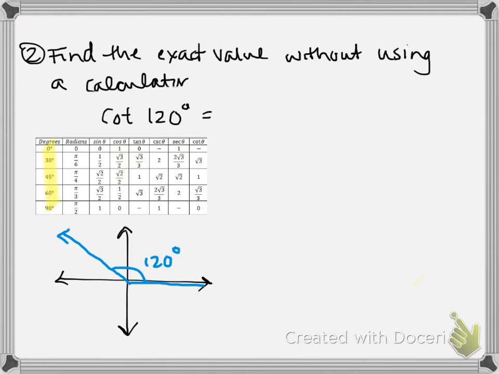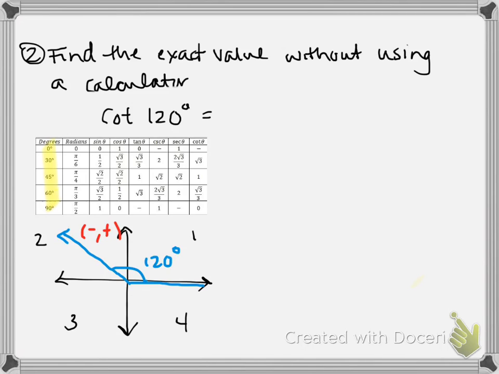Now I can see that my angle is going to be in quadrant 2, which means whatever x values I have will be negative, and whatever y values I have will be positive. That's going to be important for me to remember here.